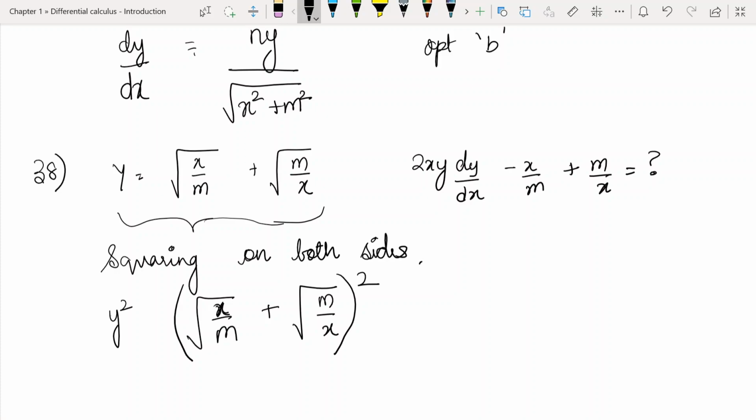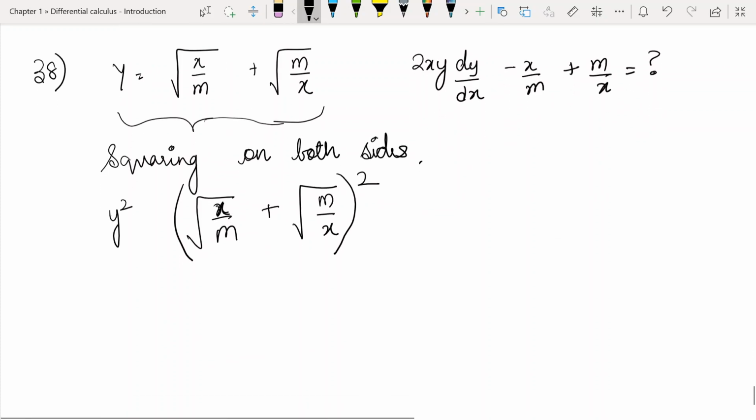The whole square. Very often I find students forgetting to do this whole square. Whenever I ask them to do squaring on both sides, all they do is square the left side and then write these two terms just as x by m and m by x. No, it's not the case. We need to do the whole square.